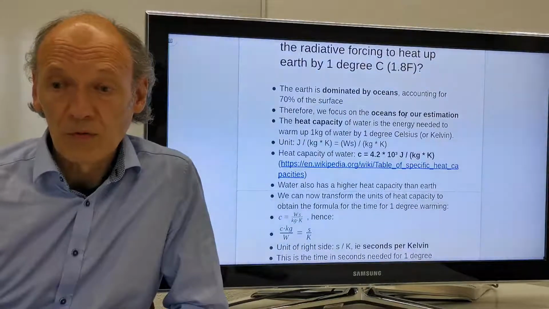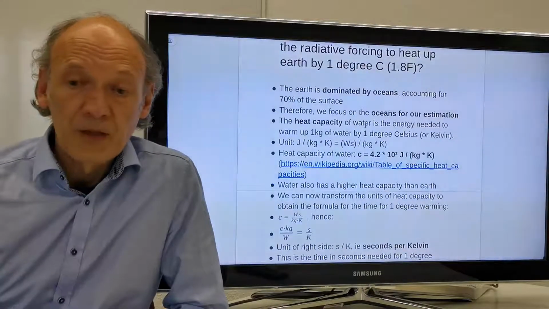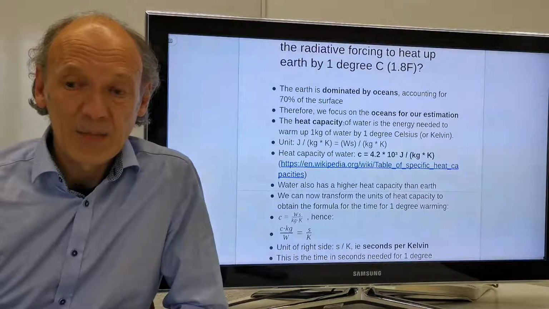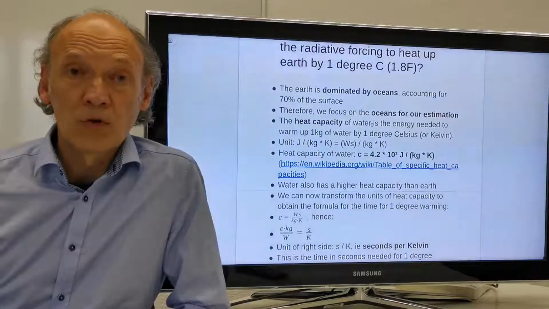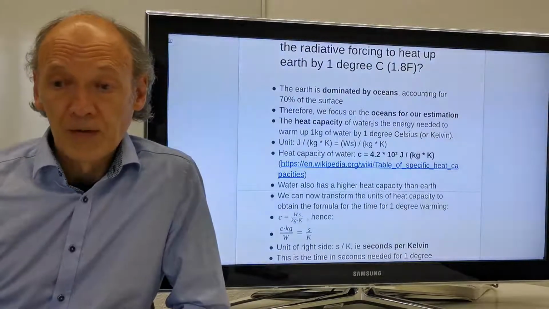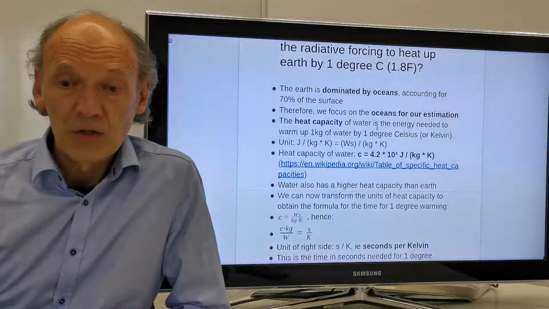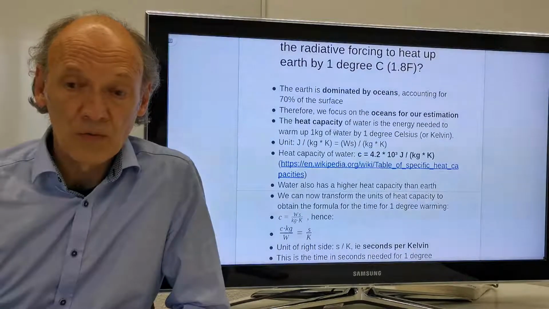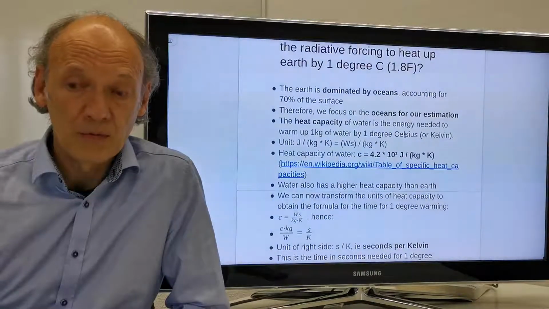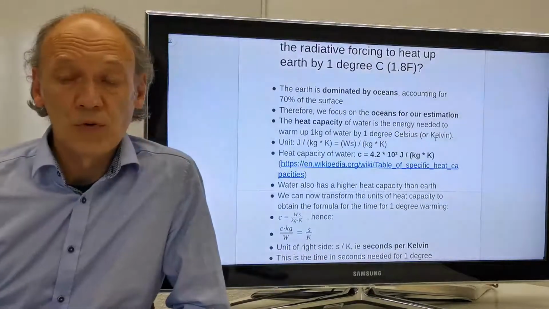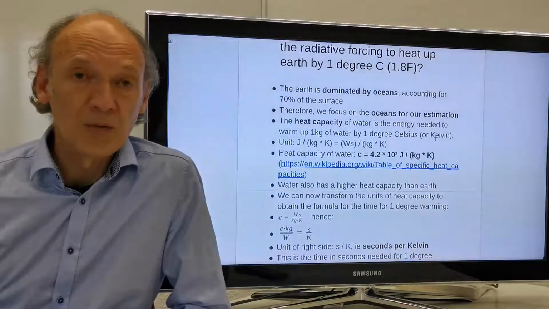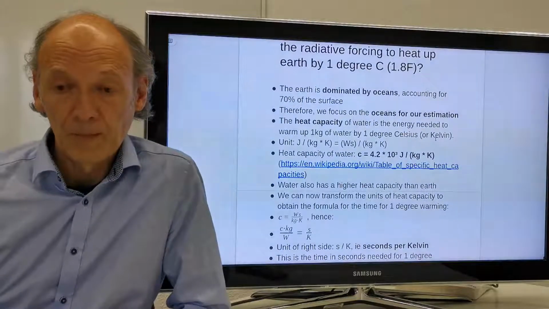We focus on the ocean for our estimations, and then we have to take a look at the heat capacity of water. You might remember from school physics that this is the energy needed to warm up 1 kilogram of water by 1 degree Celsius, or 1 degree Kelvin. Kelvin just has a different zero point, the absolute zero, but it has the same spacing as Celsius.